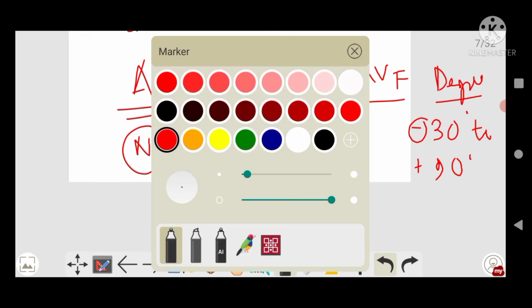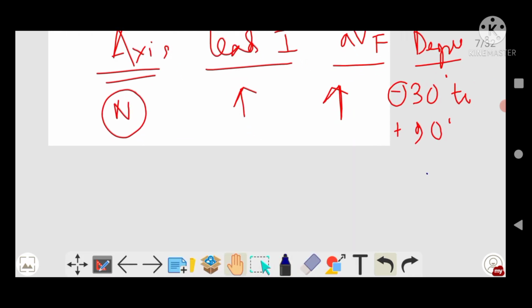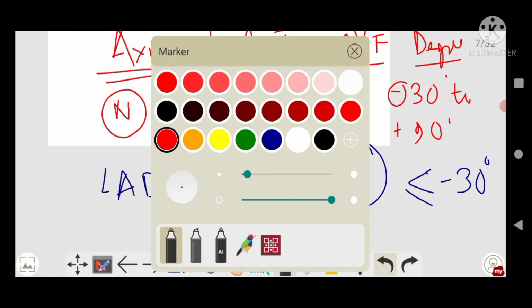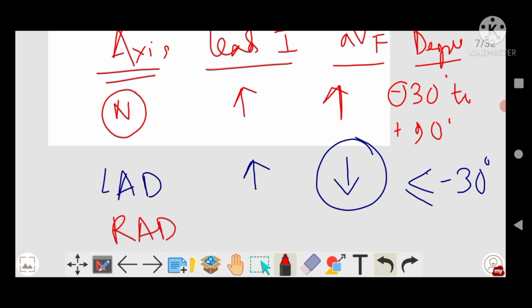Now talking about left axis deviation, you will see changes in aVF or lead 2, and the degree is less than or equal to -30, correct? And in right axis deviation, you will see changes in lead 1, and the degree is more than +90.